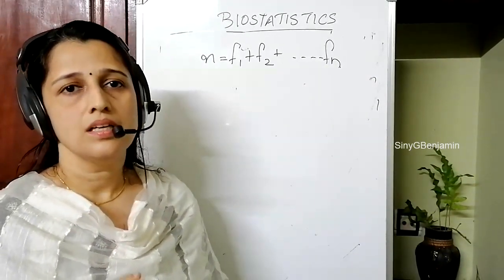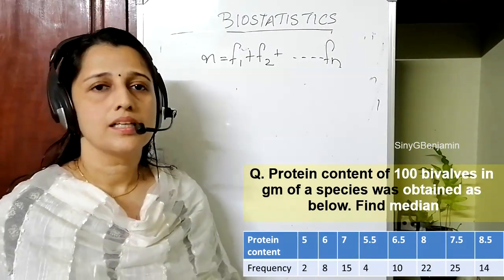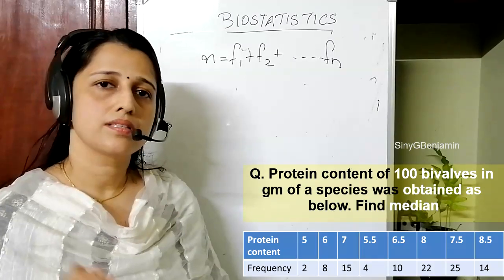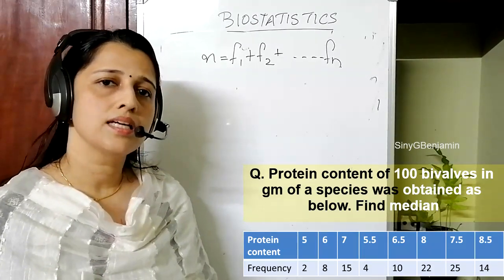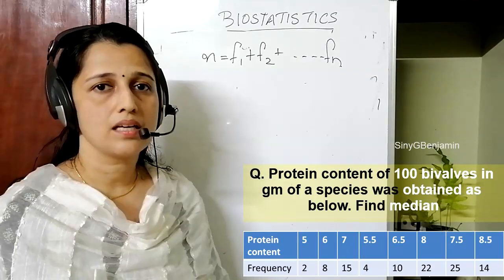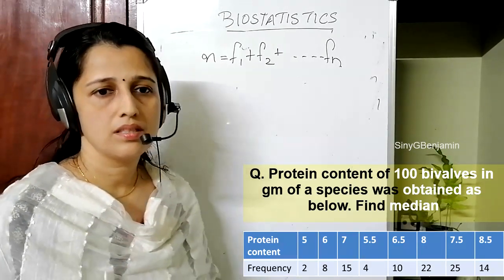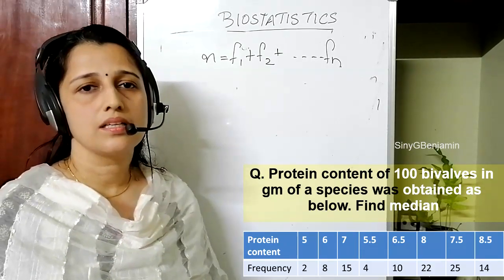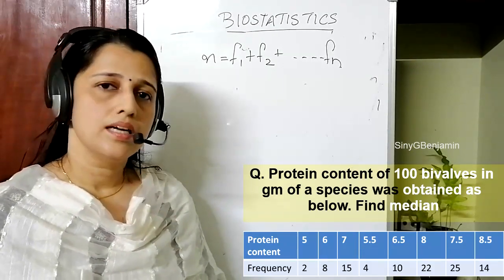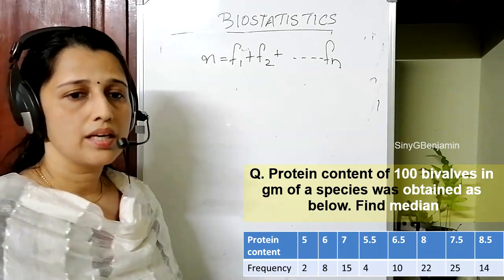Now let's see how to find the median of a question given here, in which it is the protein content of 100 bivalves in grams. In this table you can see the protein content and frequency. First step is to make a table with 3 columns. You have to arrange it in ascending or descending order and make a table with 3 headings.